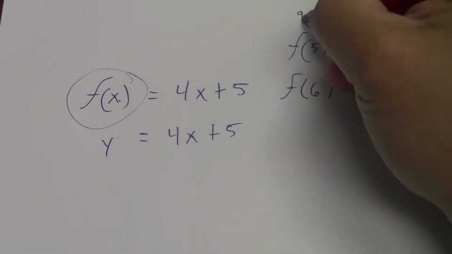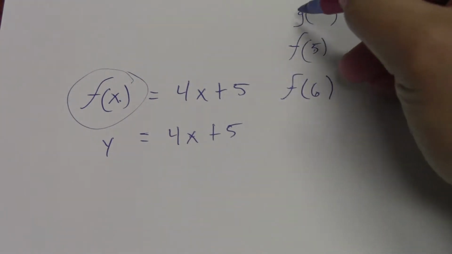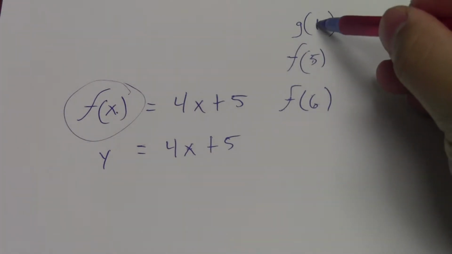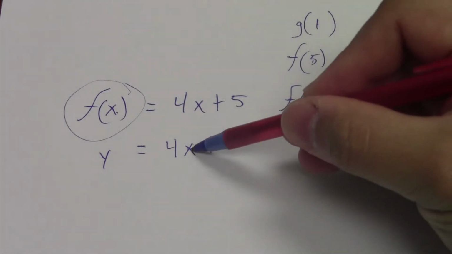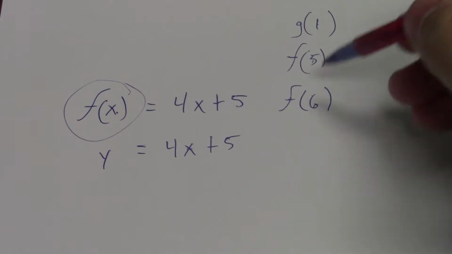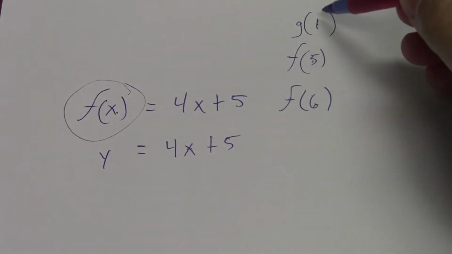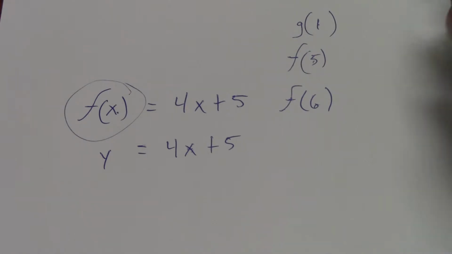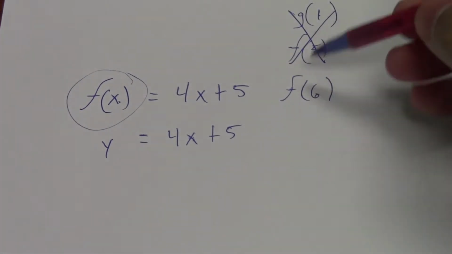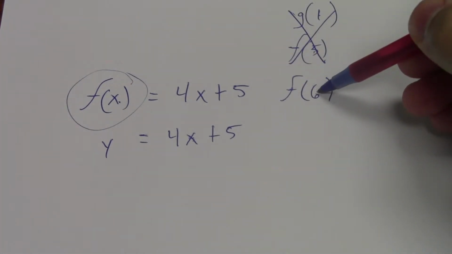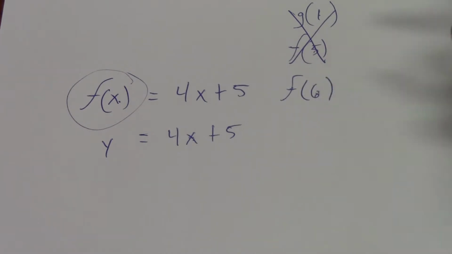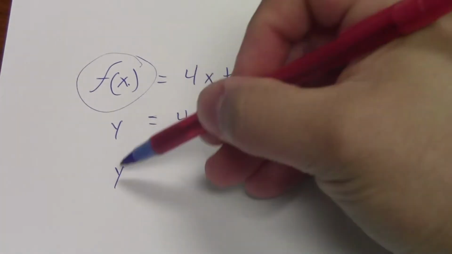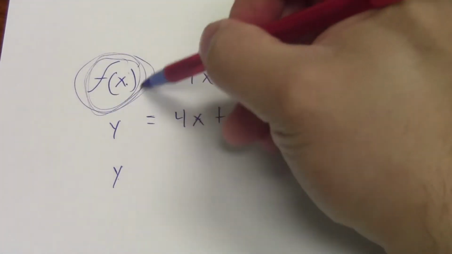If it's g, because sometimes you'll see g's or h's or anything like that, let's say that's a 1, so we plug in 1 for wherever we see x. All right, so don't let this stuff confuse you. Just basically plug in the number they give you and then solve. That's it. All right, so in this case, it's telling us f is a 6, so we're going to go y, which is just, I'm simplifying this so you don't get confused.